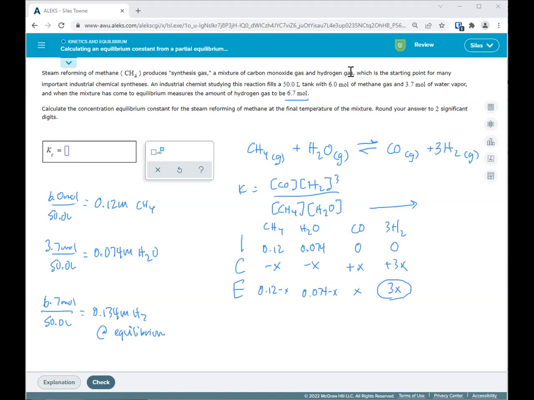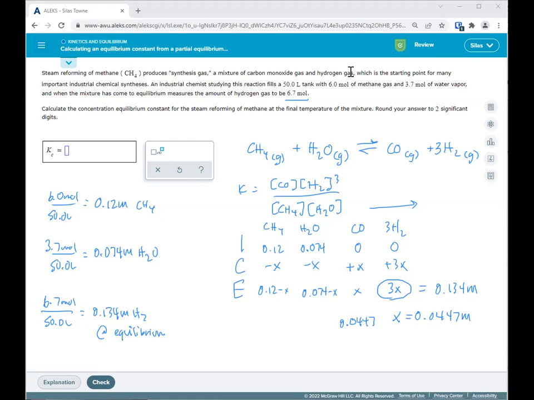But what I do know is the value of this. So 3X is equal to 0.134 molar, which means X is equal to 0.0447. So we know what the concentration of hydrogen is. We know carbon monoxide is 0.0447. And then we can do some subtraction.